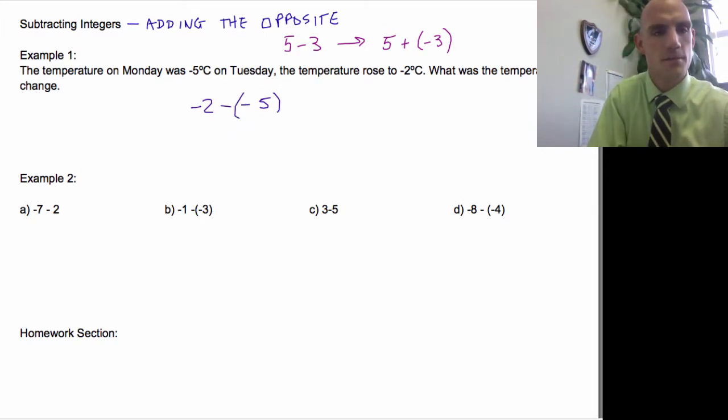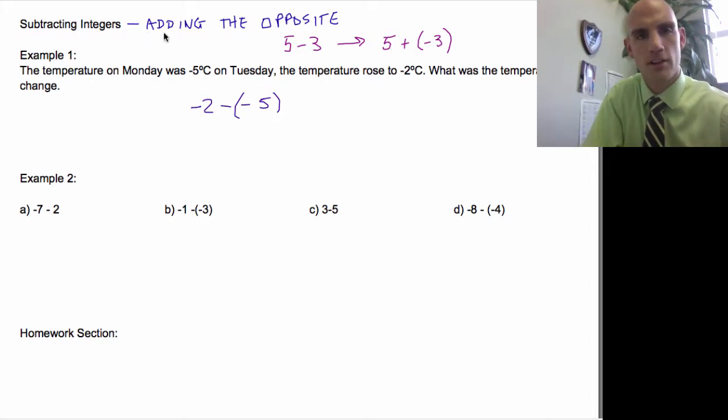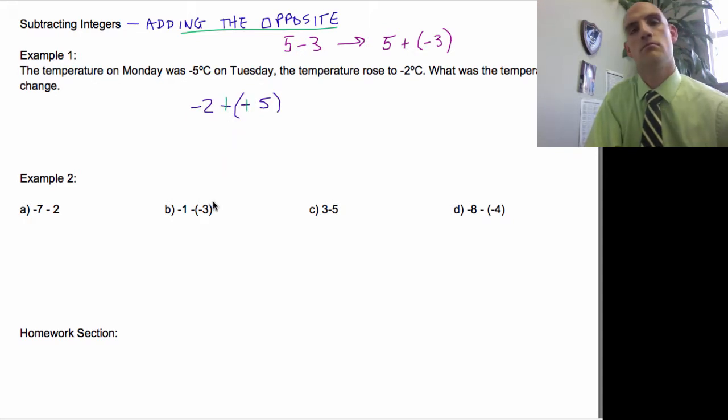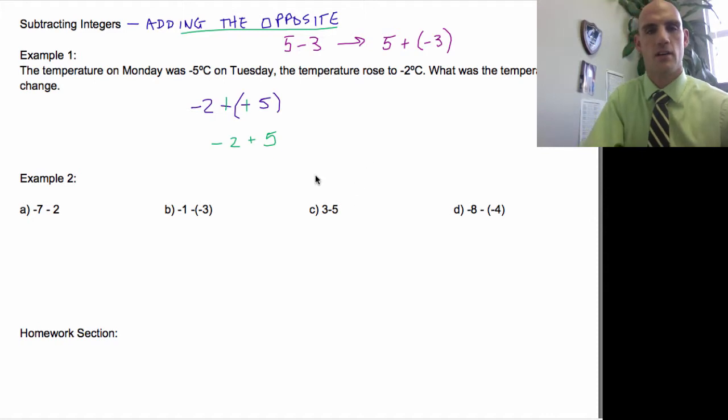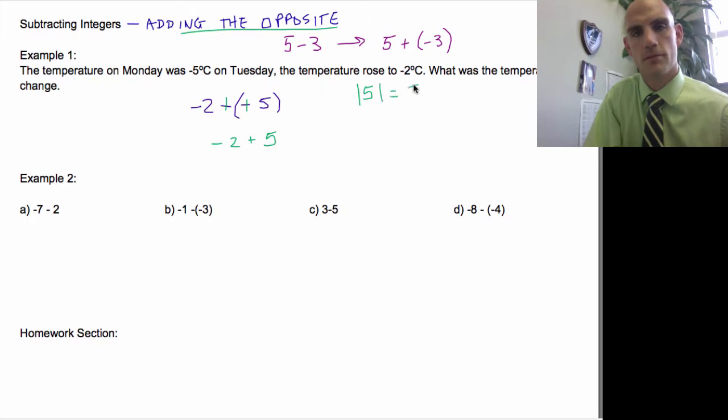Well, instead of subtracting, I'm going to look at this rule that says adding the opposite. So I'm going to change this to add the opposite. And so I really have negative 2 plus 5. Well, when I do my rules for addition, the absolute value of 5 is 5.